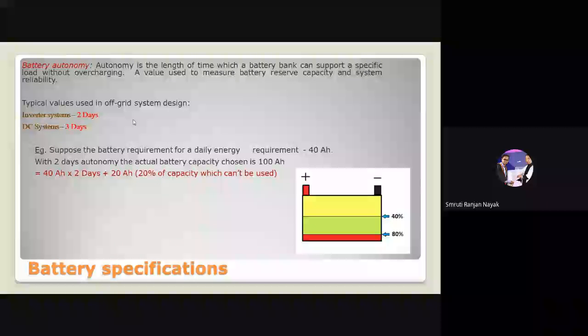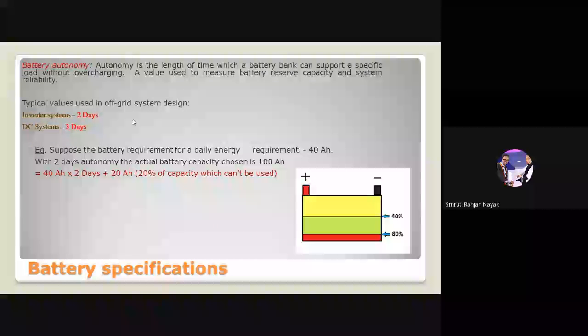We can never use it. As an example, when there is a reserve in your bike, in the case of a Hero Honda Passion Pro, the petrol is 1 liter 200 ml. We can use only 200 ml. So 1 liter can never be used. That is actually the 20% of capacity we can never use.